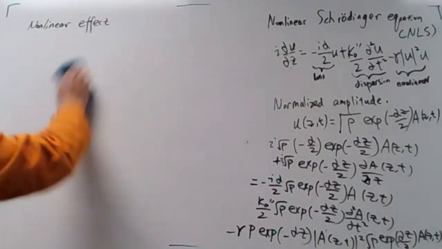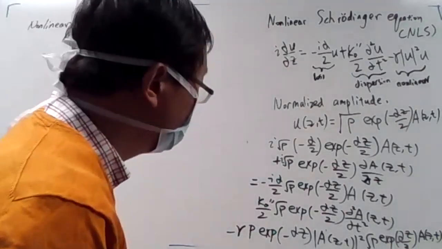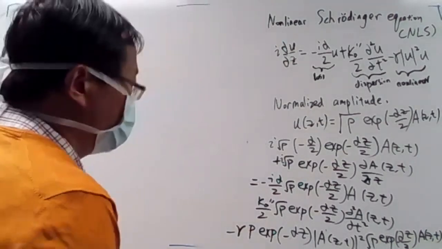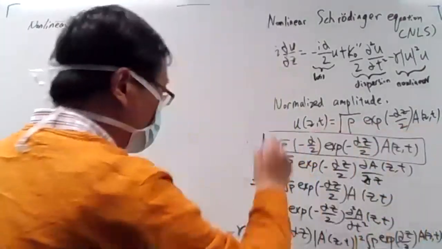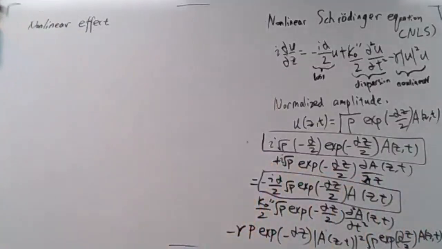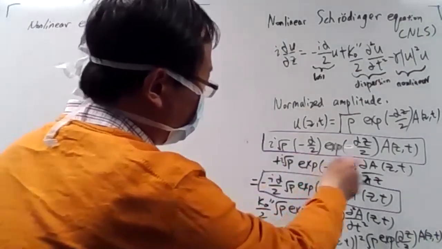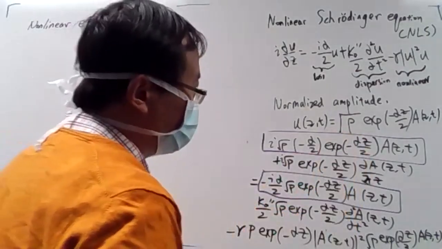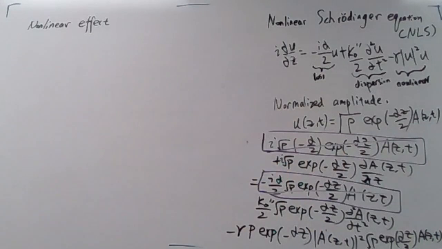It turns out that on the left-hand side, this term and the right-hand side first term are the same. They all have negative square root of P, I alpha over 2, exponential negative alpha Z over 2, AZT. So these two can be canceled out.